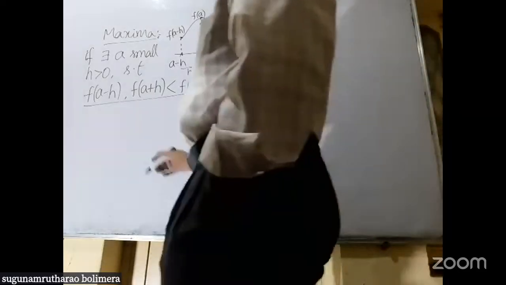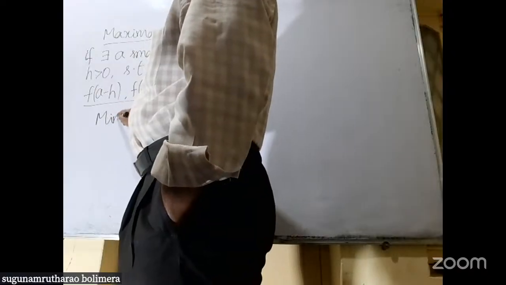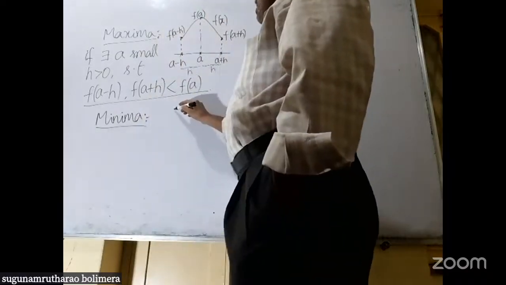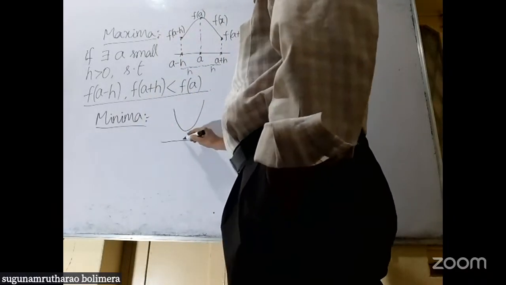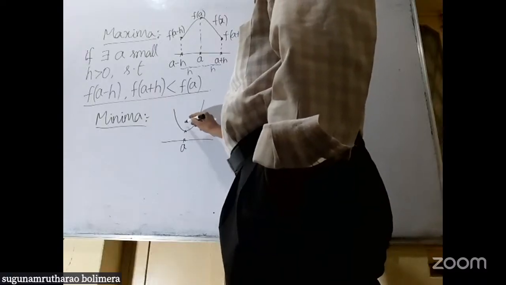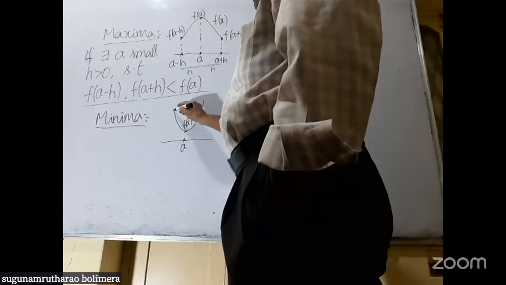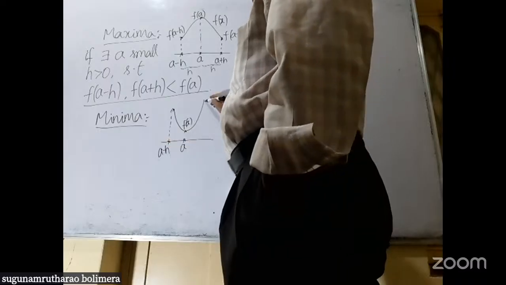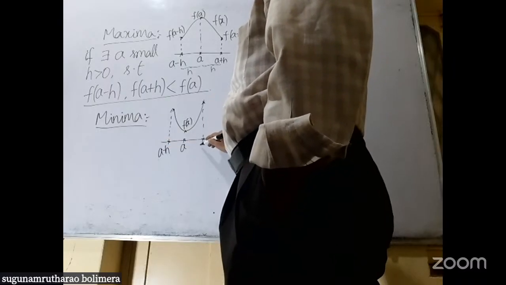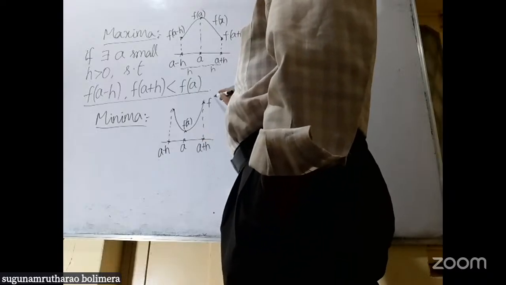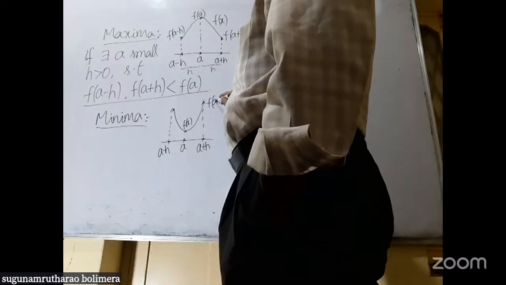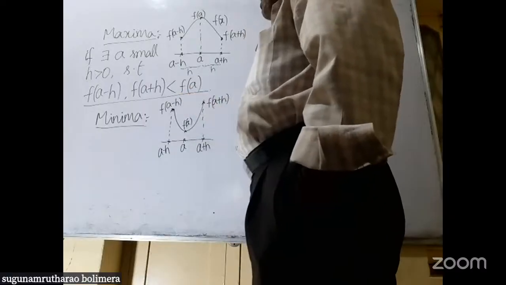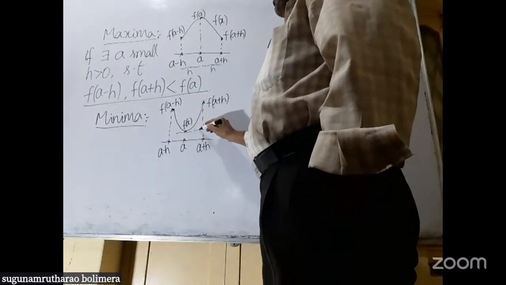Next, minima. Say the slide of this: f of a, a minus h, a plus h, f of a plus h, f of a minus h. And this is minimum.